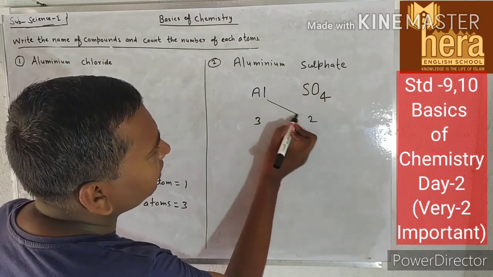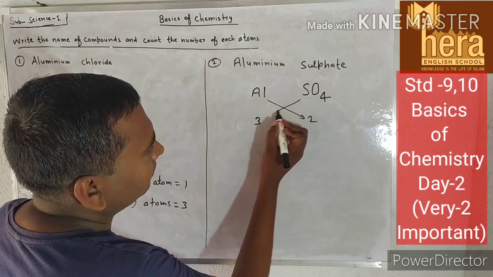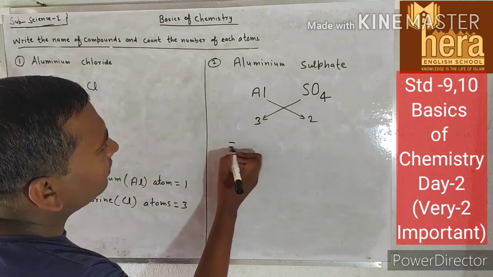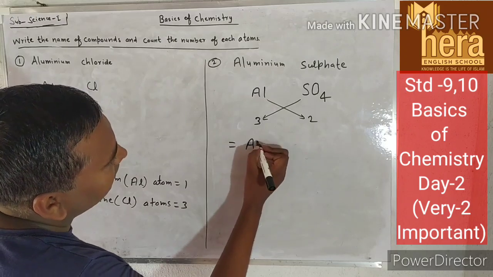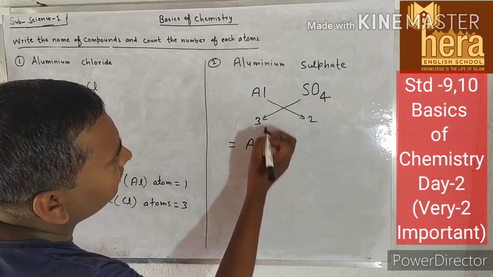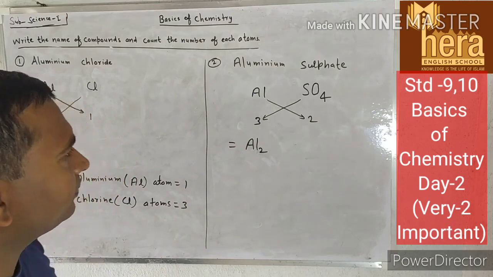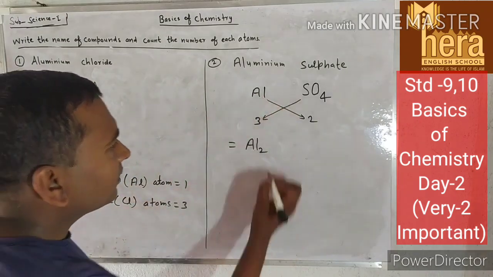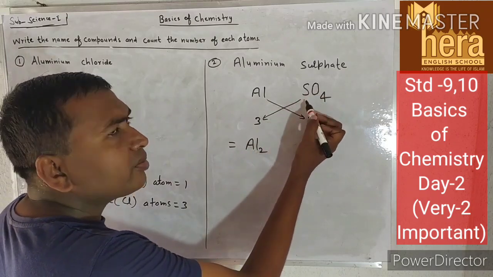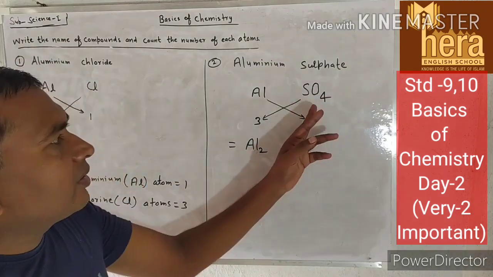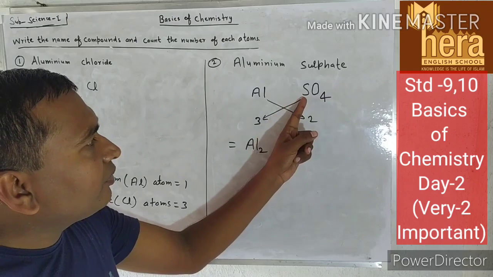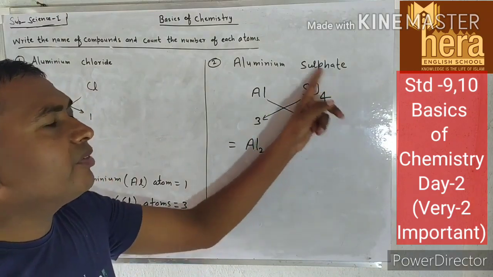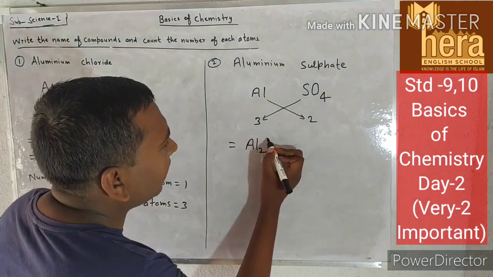Again cross multiplication. This will be equal to Al2, and see, here is more than one element or atom. Here is sulfur and oxygen. If there is more than one atom, then put a bracket.